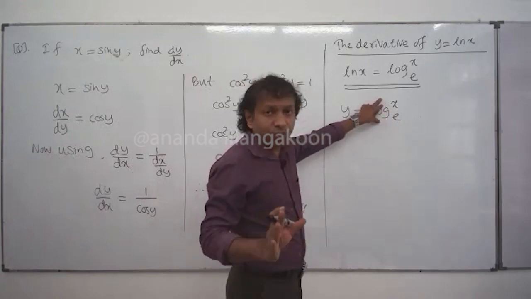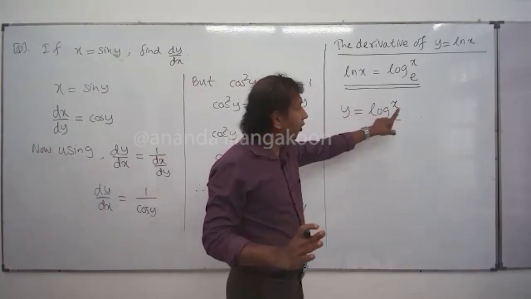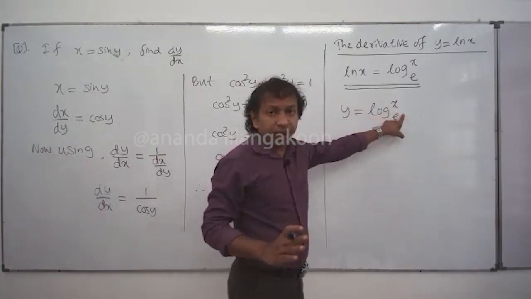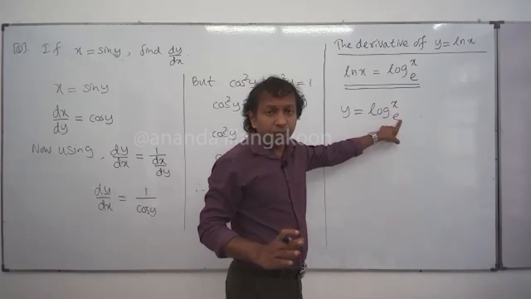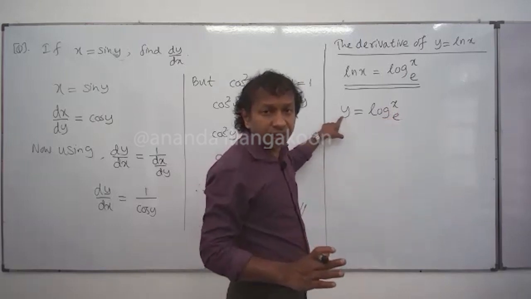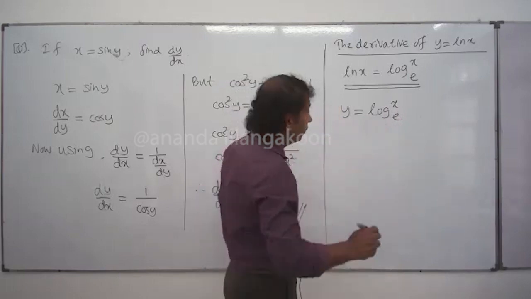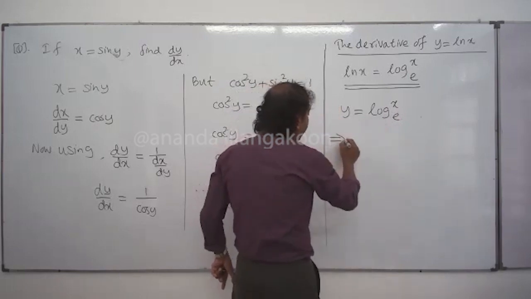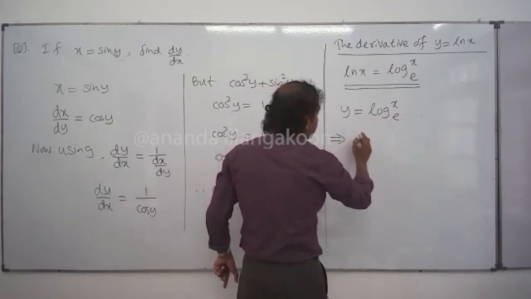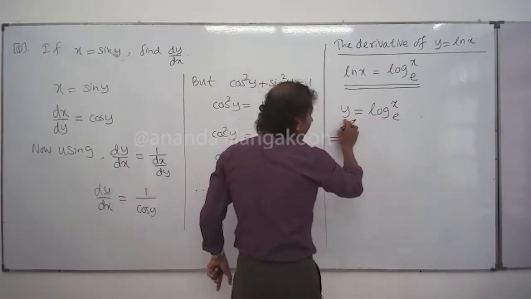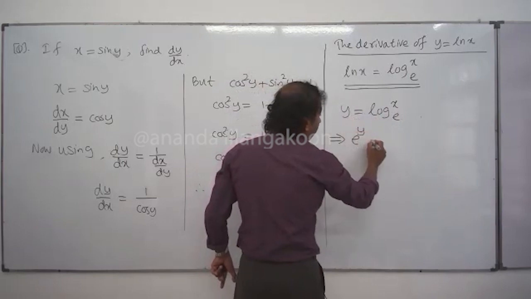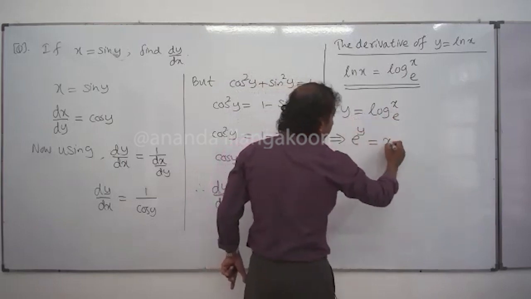This log term we remove from the right hand side. We keep this x, and the base of log is e. We bring this e to the left hand side, then we keep y as the power of that e. So you can write here, this implies e to the power y is equal to x. Correct?